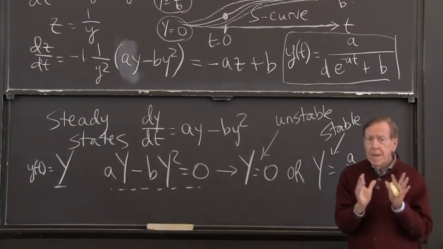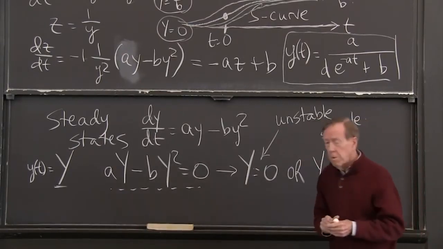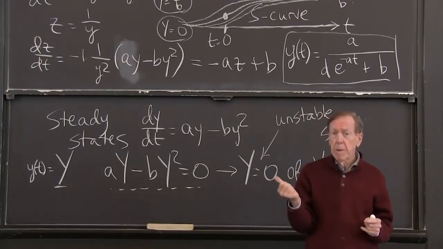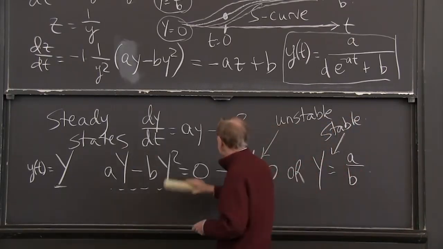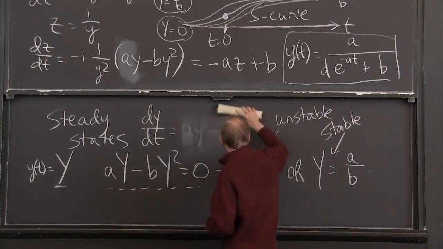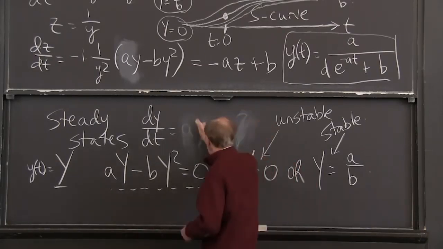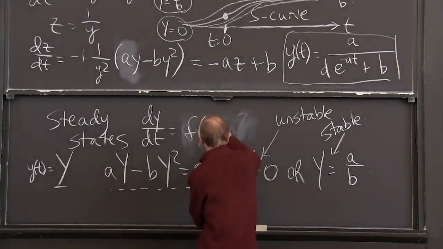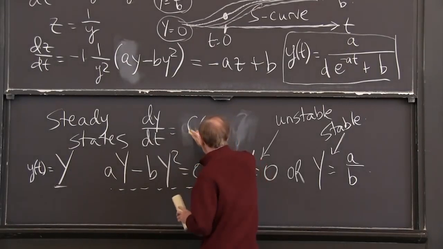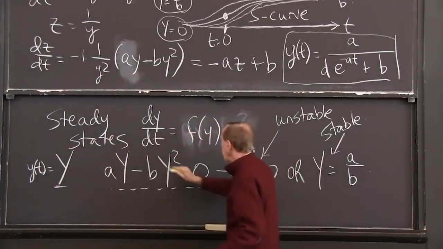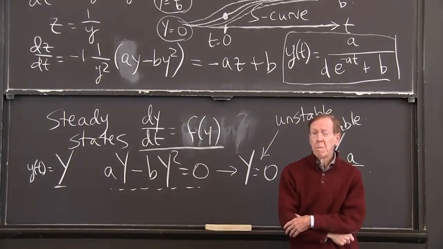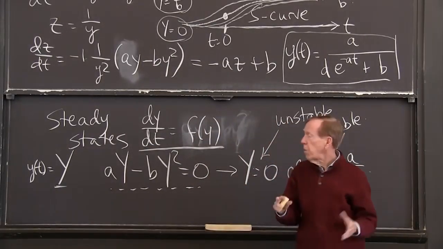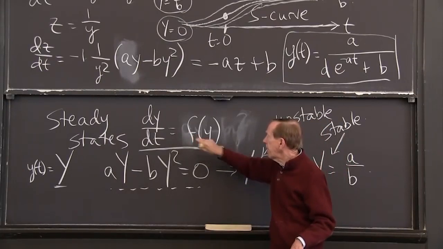This will be one example of a general problem. dy dt is some function of y, some right-hand side that depends on y. That will be our next video, to understand those equations, dy dt is f of y.